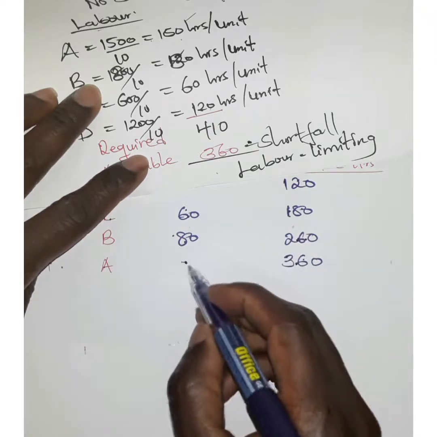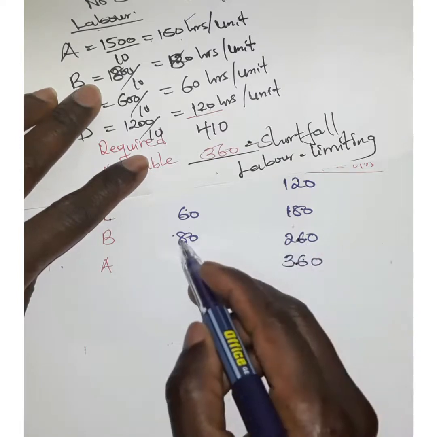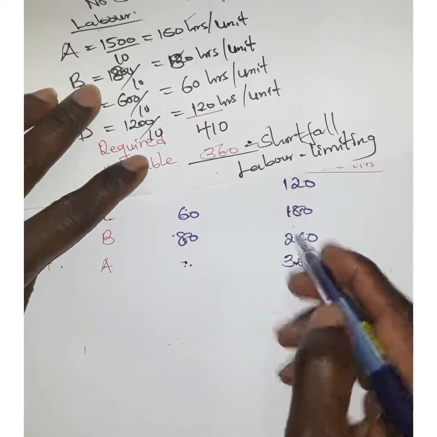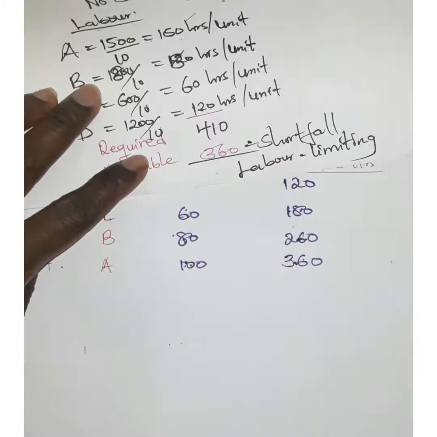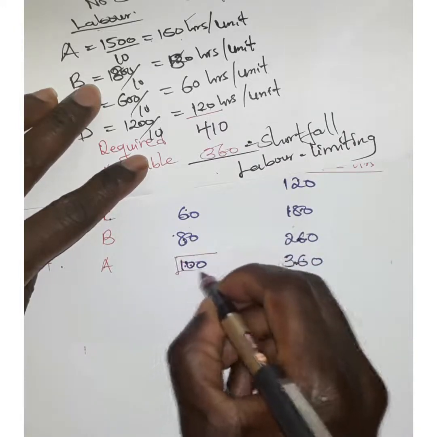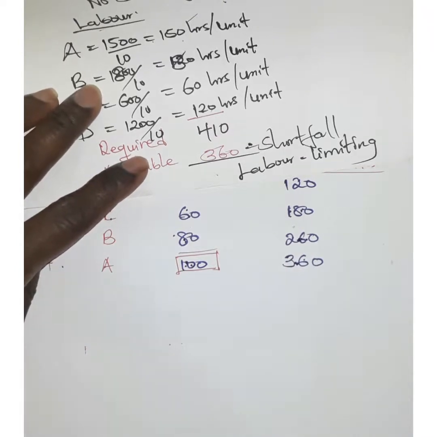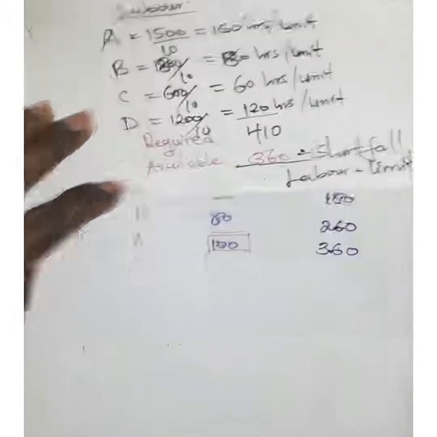So our x here is 360 minus 260, which is 100. And our 100 is what we are supposed to produce in that particular product A.